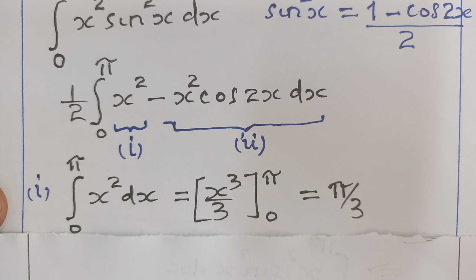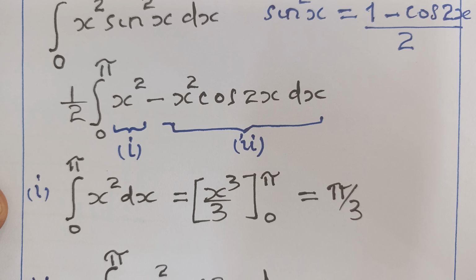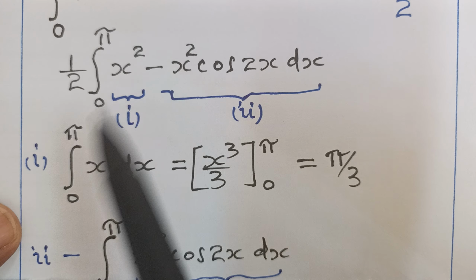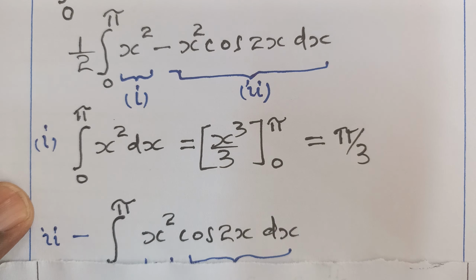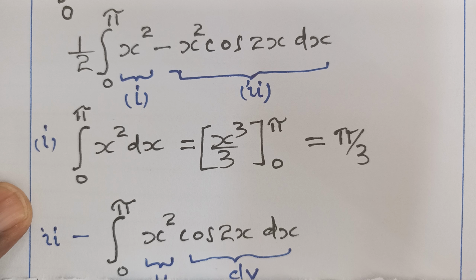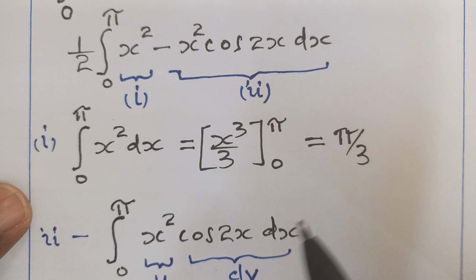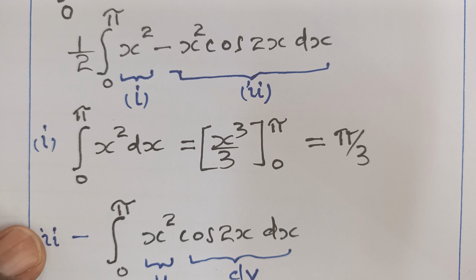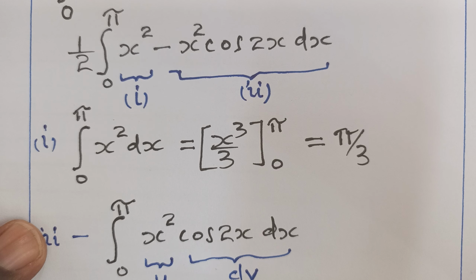And the next one we have has this negative, because remember even the negative is right there. We integrate that and now we can use what we call integration by parts. We call x squared u, and cos 2x dx we call dv. And so we look for du and also v.